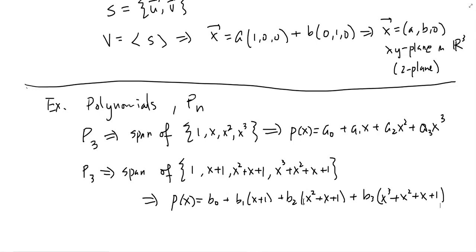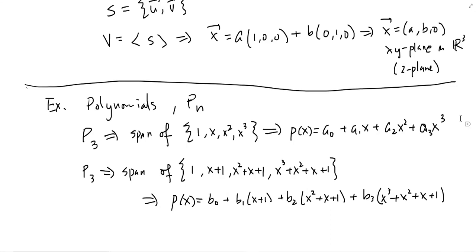That's the tricky part. Why is it tricky? Because it's possible that I could form a polynomial of third degree using this span, with x to the third power as the highest power, but it might not allow me to form a specific type of polynomial, because some of the coefficients might force some of these elements to be missing.